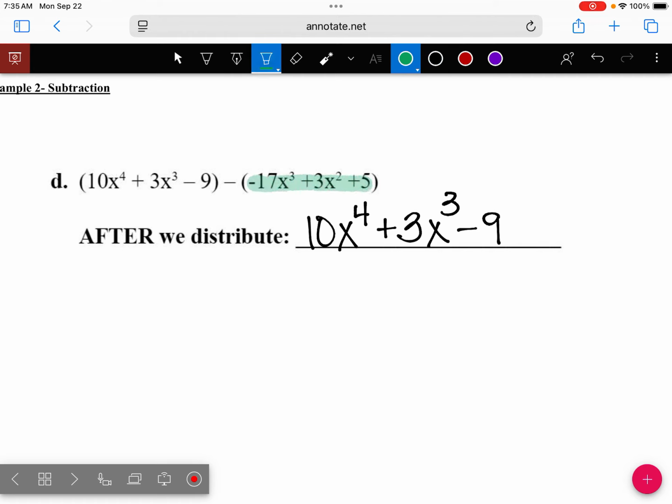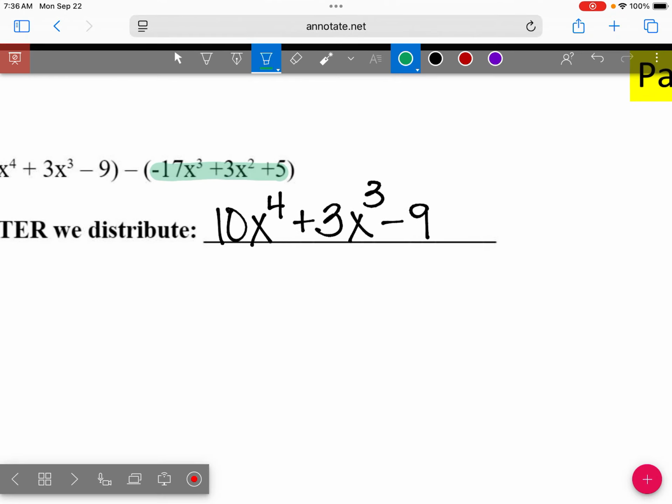So everything in this parentheses, you flip the sign. So we have our negative 17x cubed, which is going to flip to a positive 17x cubed.